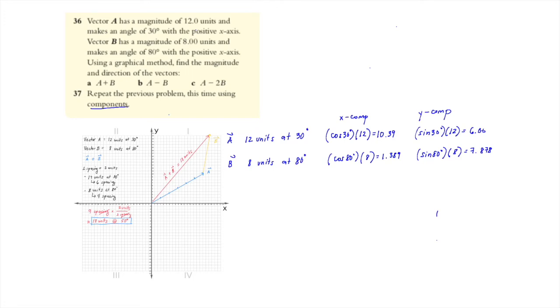And so what we can have right now is we're gonna get the summation of x, and that is 11.799. And for the summation of y, that would be 13.878.